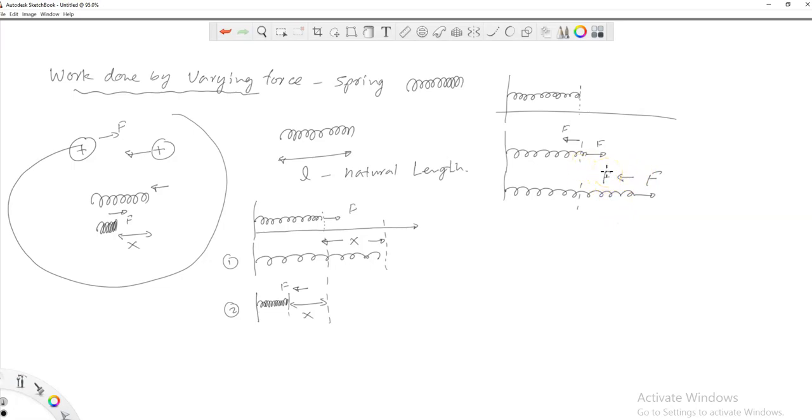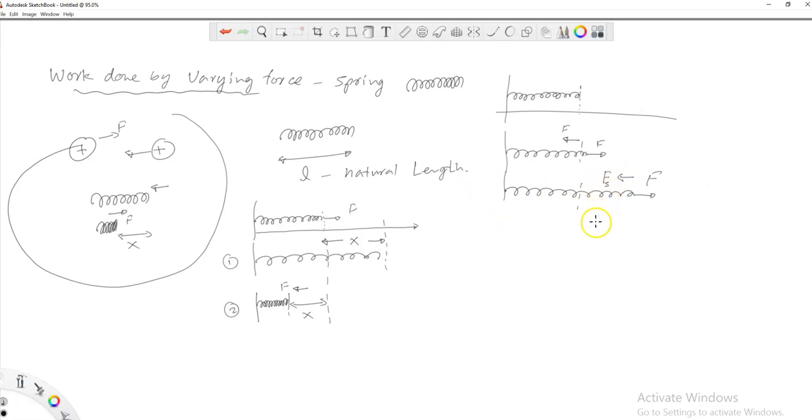The spring can do this until it breaks, until it loses the spring properties. So you apply a force, the spring is pulling back. The more you stretch it, the more force you need, the more force the spring is going to pull back. So this force, we call it Fs, spring force. Sometimes we call it a restoring force, a force that tries to go back, right? But normally we use Fs, spring force.